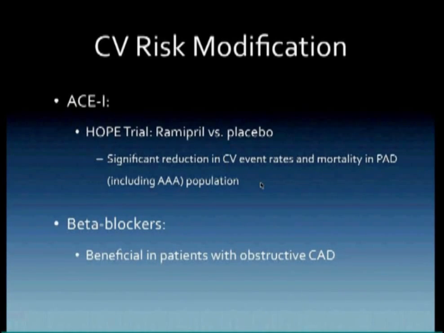So an ACE inhibitor is not a bad idea in patients with abdominal aortic aneurysm. Also, beta blockers: while there was a trial that didn't show a reduction in mortality, a lot of the patients couldn't tolerate the beta blocker therapy, so that may have been a reason why it didn't show a benefit. But it's definitely beneficial in patients who have obstructive coronary artery disease. So that's also another therapy to consider.